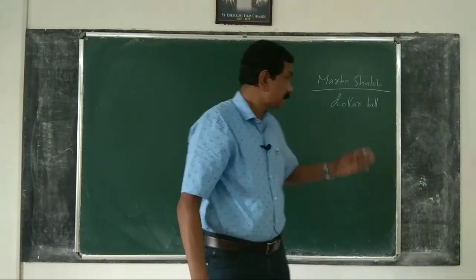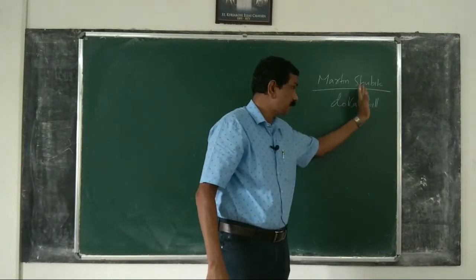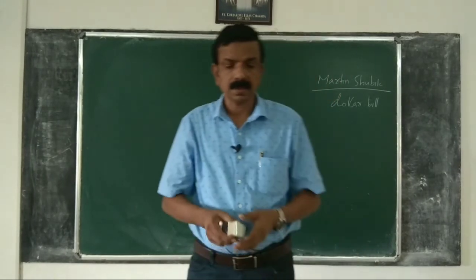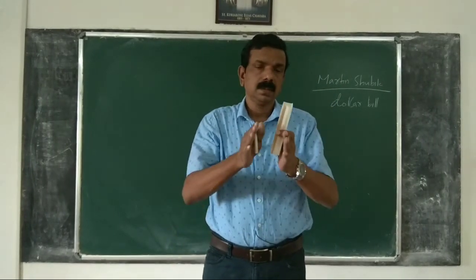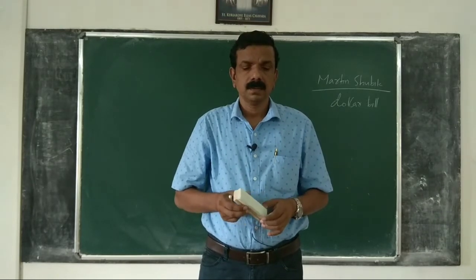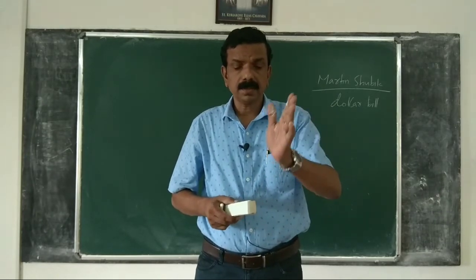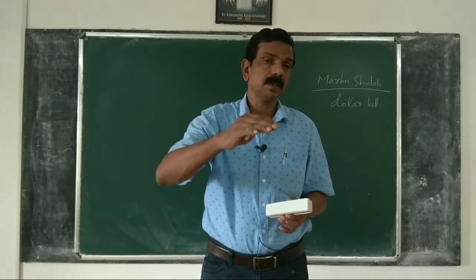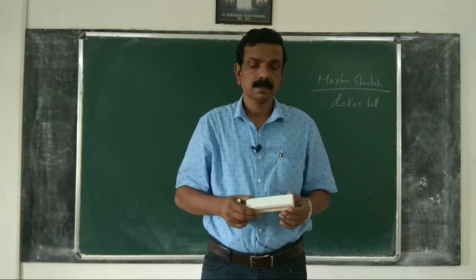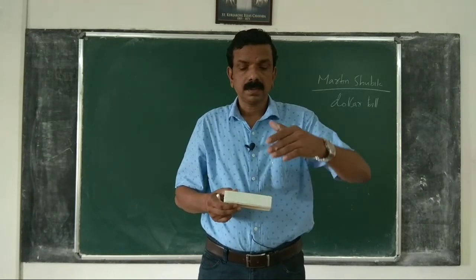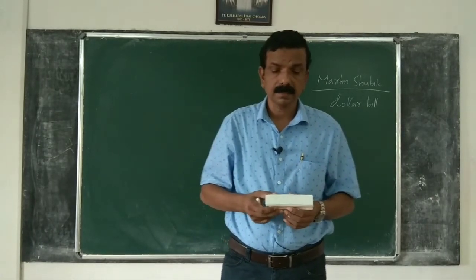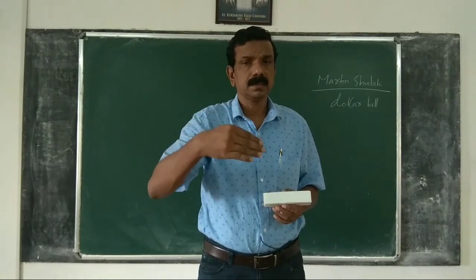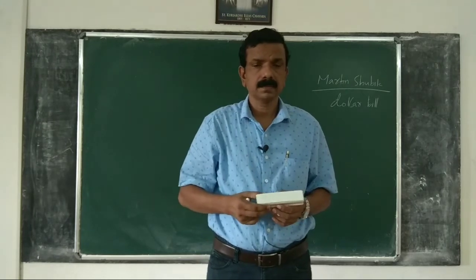Now, the game was set by Martin Shubik. That is, a dollar bill is auctioned in an unusual way. The highest bidder receives the dollar in return for the amount bid. And the second highest bidder has to hand over the amount bid and will get nothing.